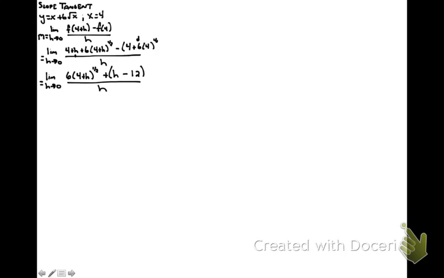Now, the issue with these, when you have square roots, is you have to multiply by the conjugate. So in this case, I'm going to multiply numerator and denominator by 6 times 4 plus h to the 1/2 minus h minus 12.